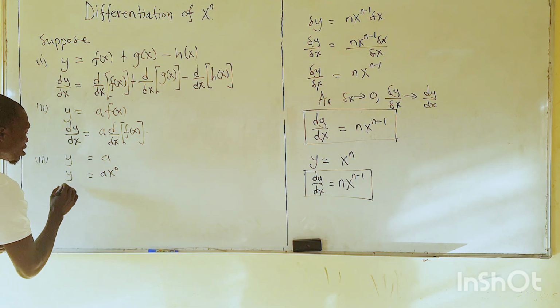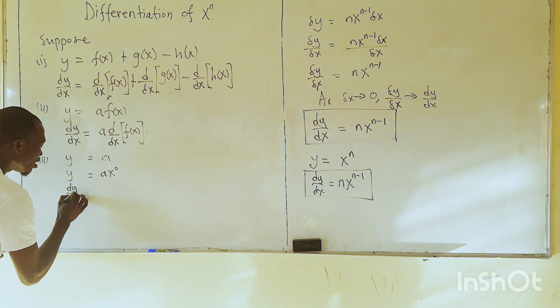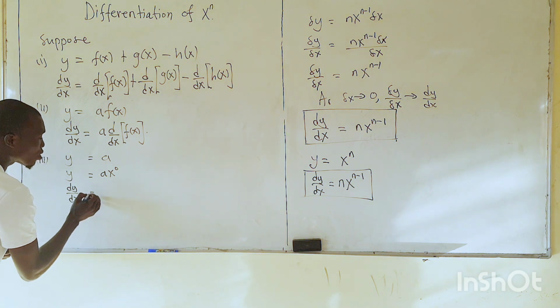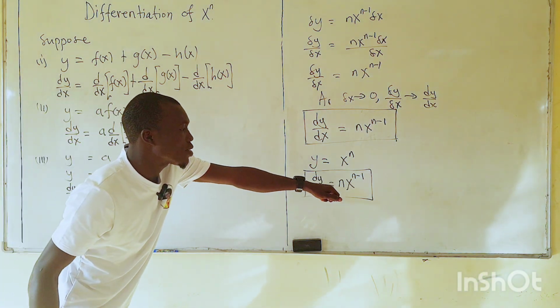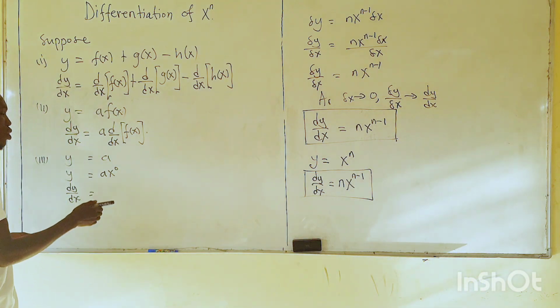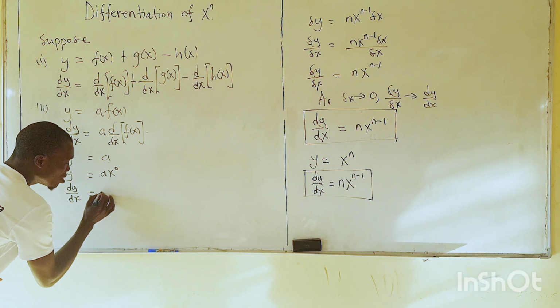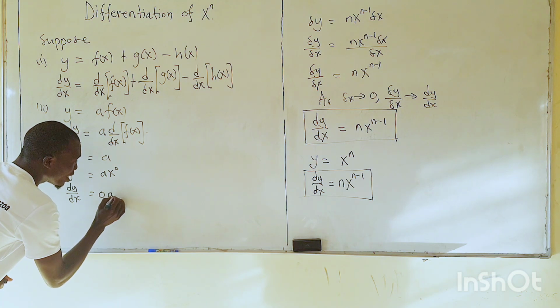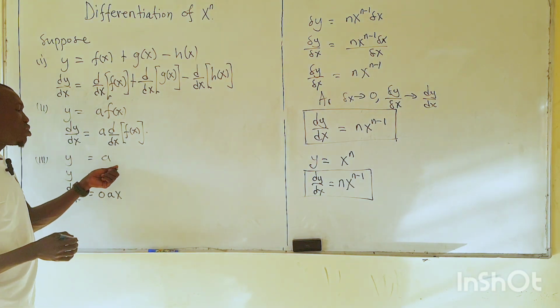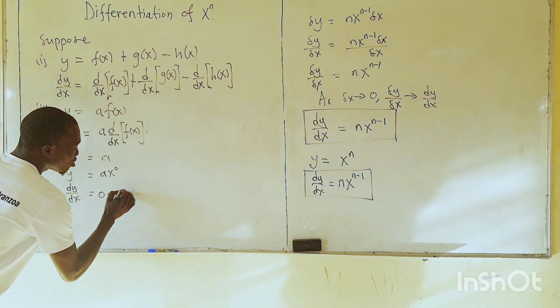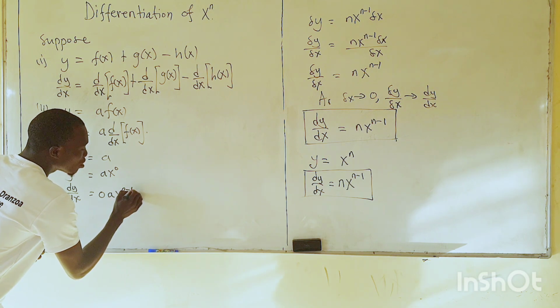If we differentiate this, our rule says to bring the power down, so 0 multiplying a x, then reduce the power by 1, so 0 minus 1.